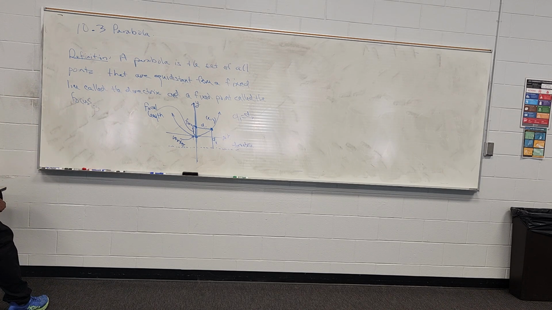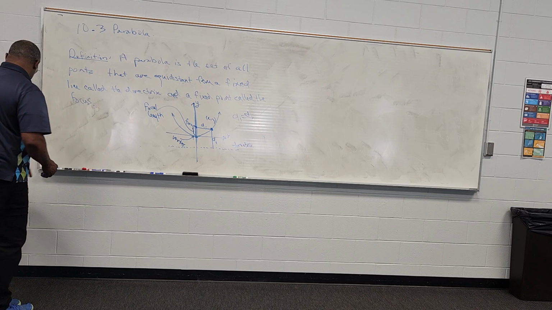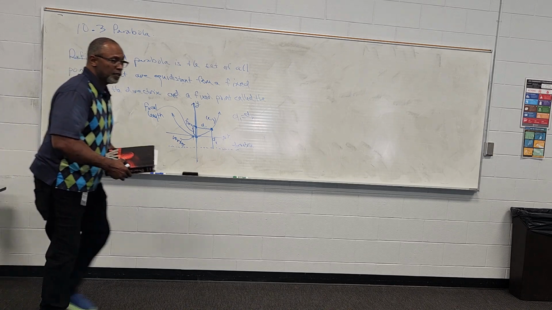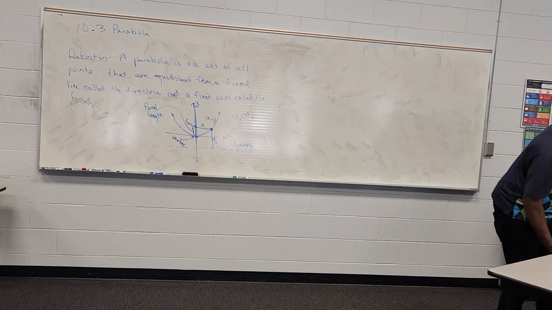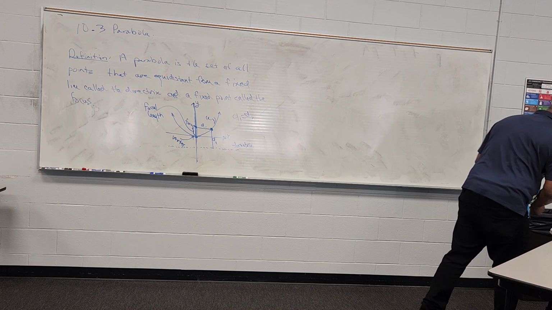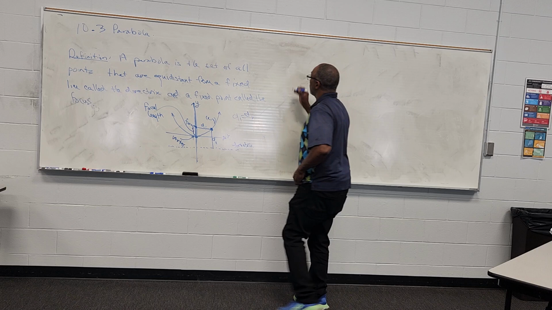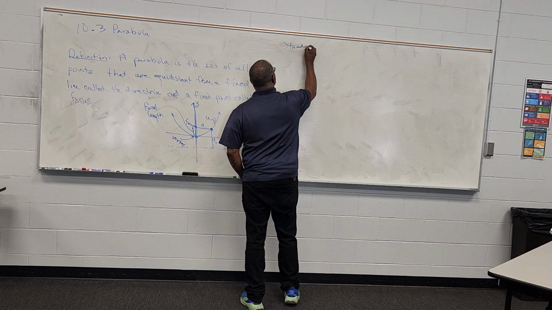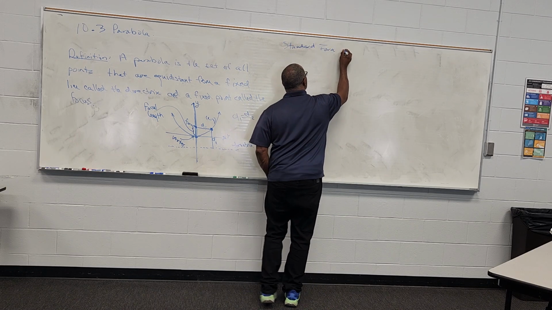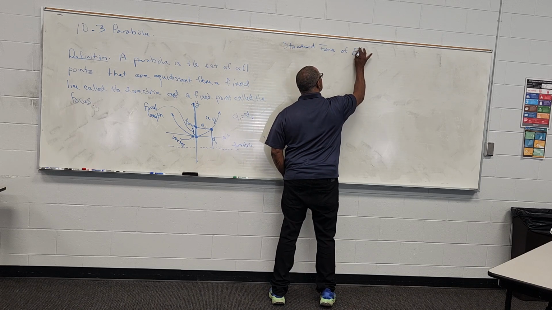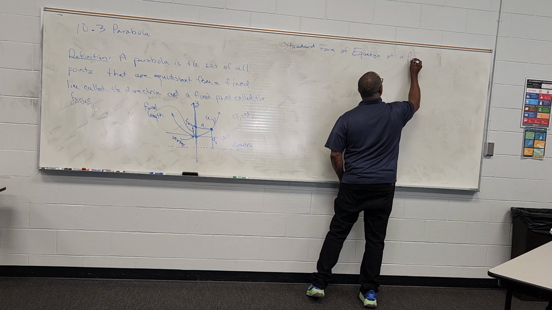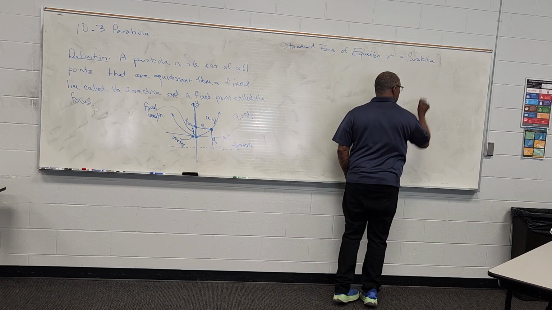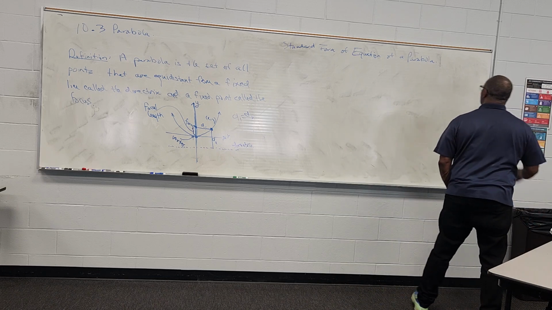All right. Well, how do we graph these parabolas? There are two cases of parabolas. So, standard form of the equation of a parabola, and this is on page 942.